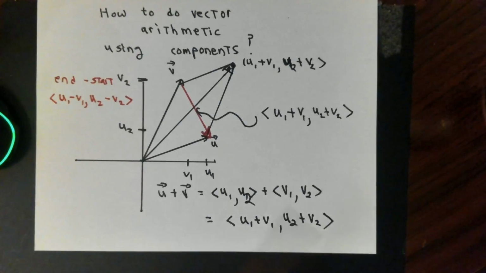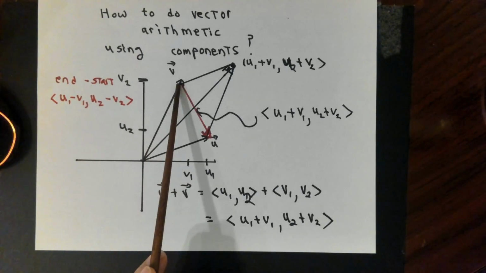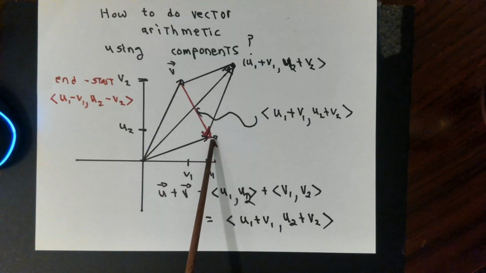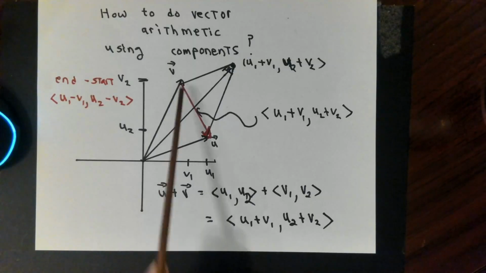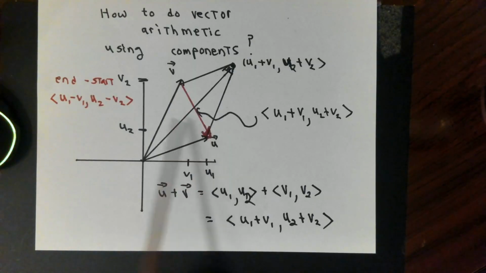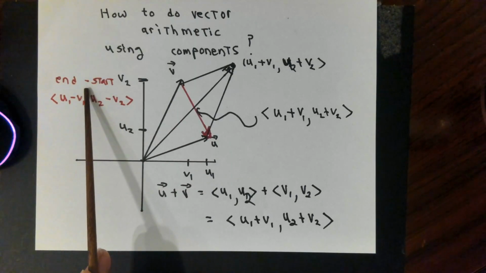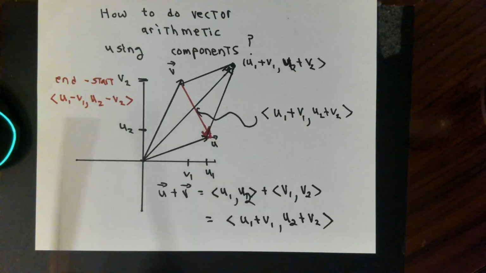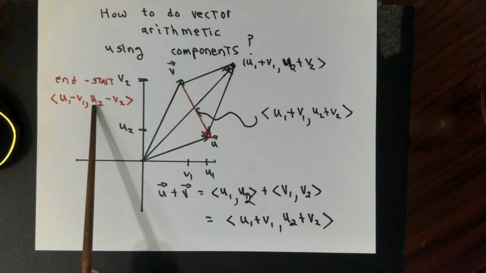On the other hand, this point has coordinates v1 and v2, while this one has coordinates u1 and u2. If I find the components of the vector that starts here and ends there, we will use our end minus start idea. The end has coordinates u1 and u2.